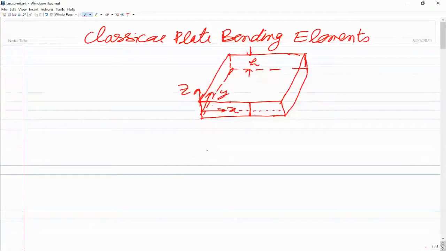So in the deformed configuration, of course there would be loading, and the loading is in the transverse direction. Let us say the load is q. Under the application of this load, this plate deforms, so let us say this edge becomes something like this.